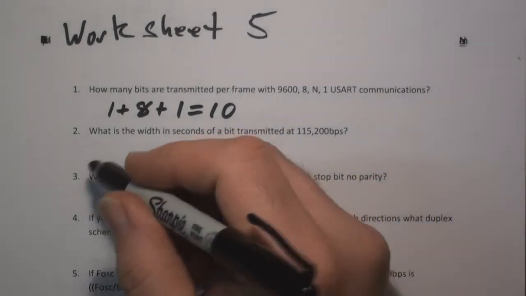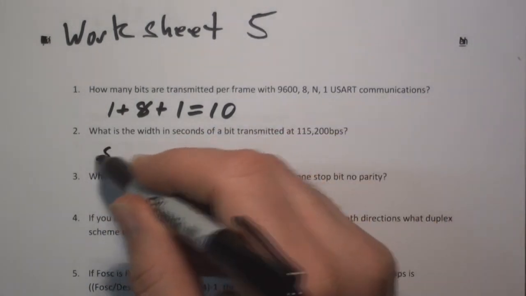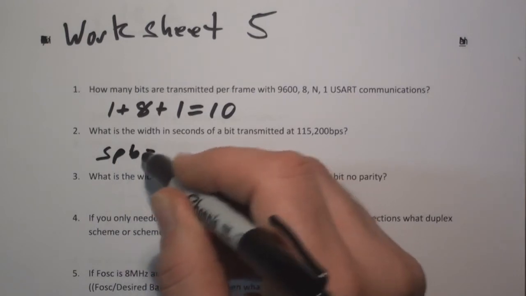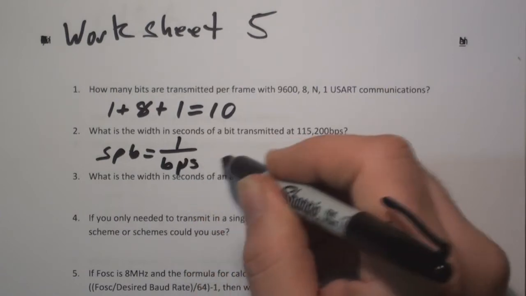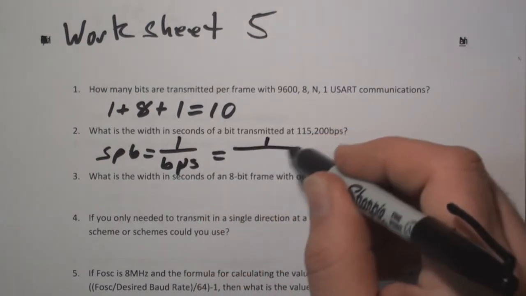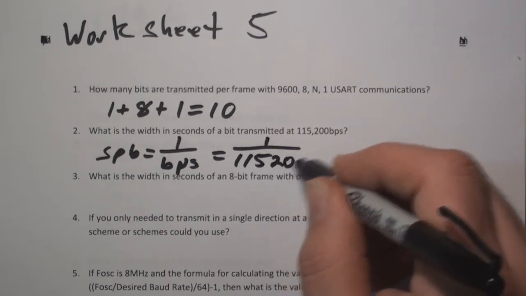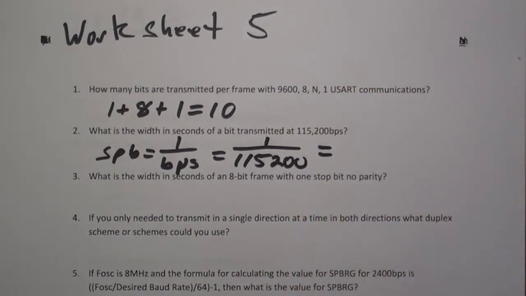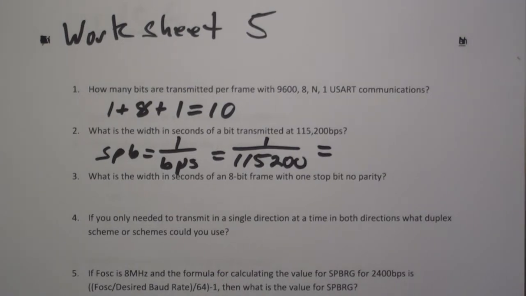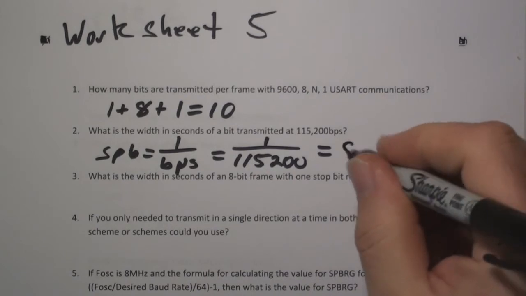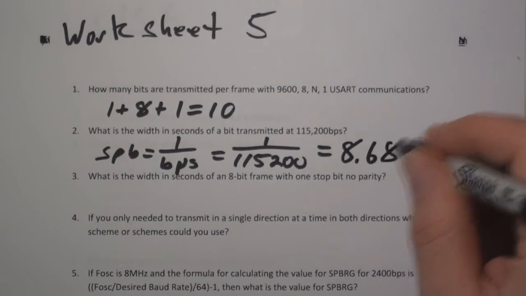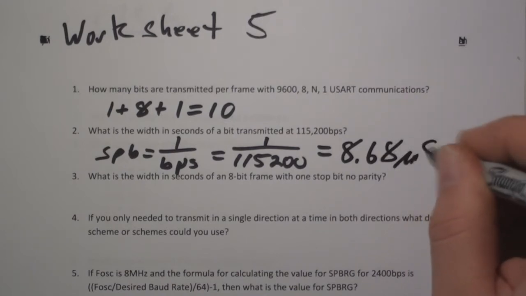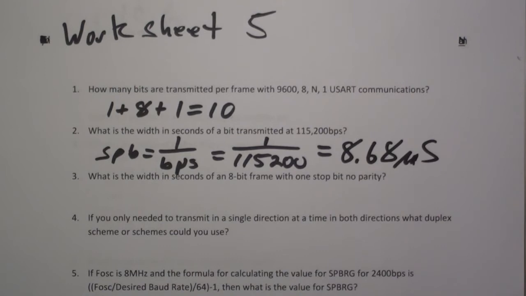So the time, the seconds per bit, is equal to 1 over the bits per second, which is equal to 1 over 115,200, which is a simple thing to just plug into your calculator if you have a calculator. 8.68 microseconds. There's some other change out here.